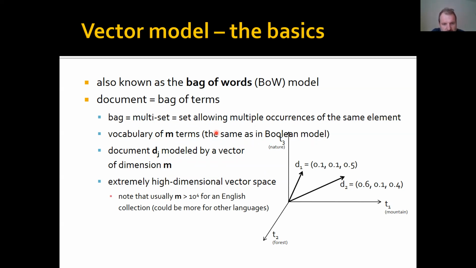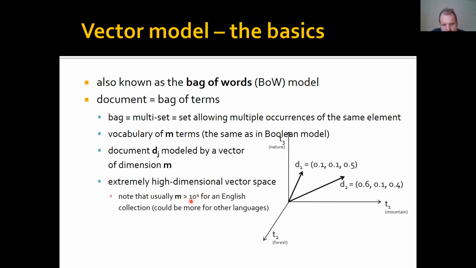We have a vocabulary of M terms, so we have the same vocabulary of terms, and the vocabulary is processed by stemming and lemmatization and these kinds of pre-processing. And the document is also modeled by a vector of dimension M, but now it's not a binary vector like in the Boolean model, but it's a real vector. So we have the documents as vectors in the space, and this is a very high-dimensional space because the vocabulary is large.